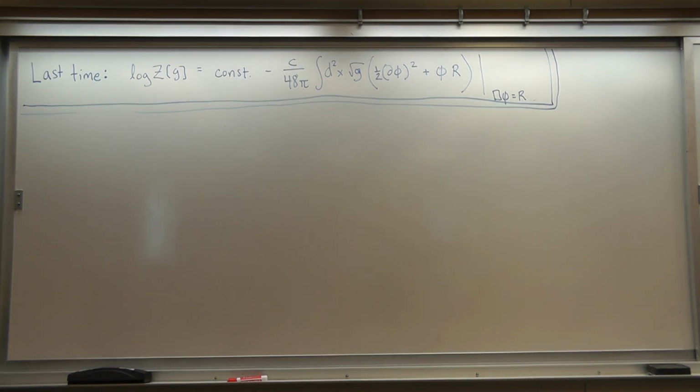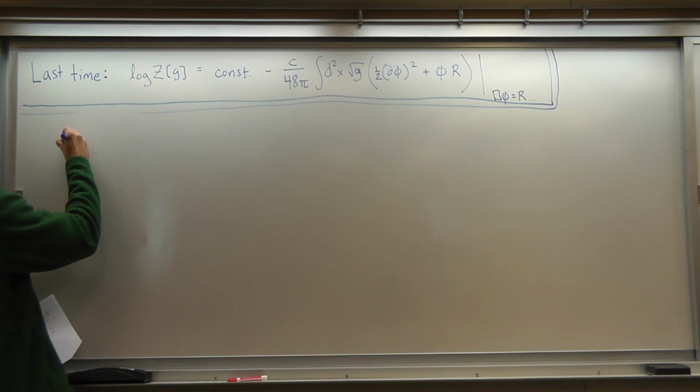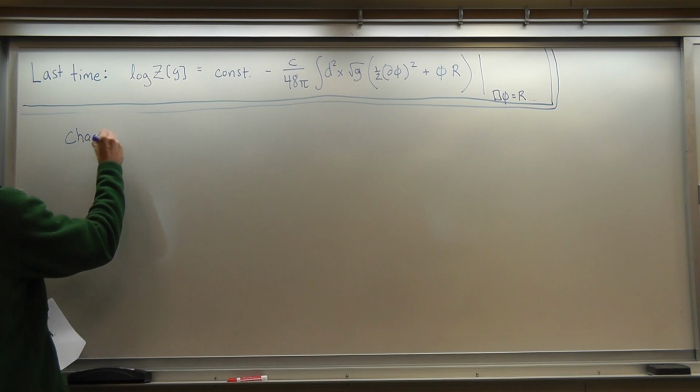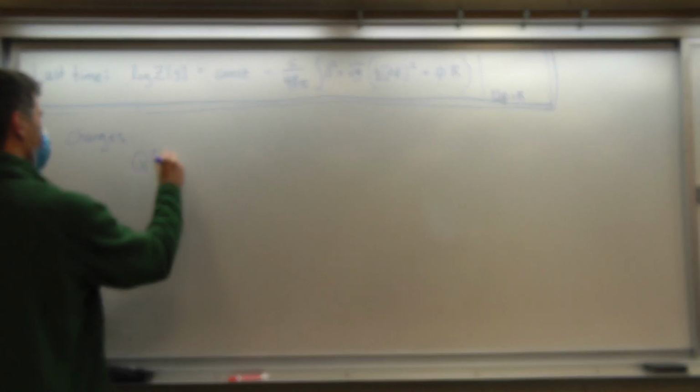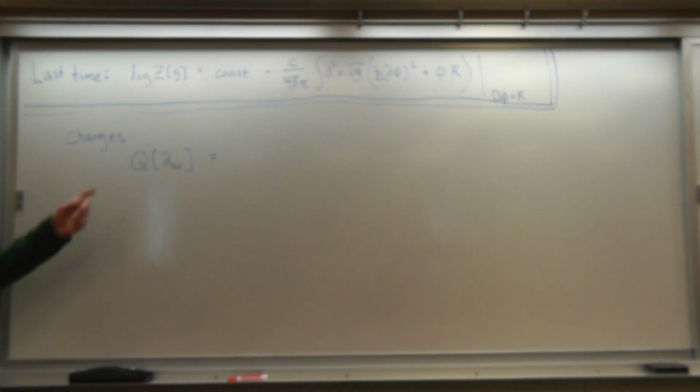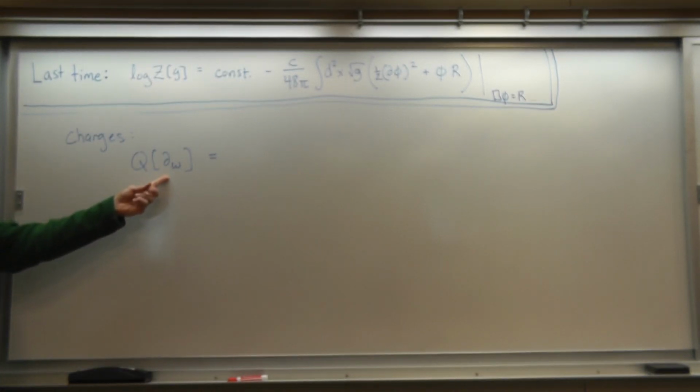I want to now infer from that the change in the charges. So the charges associated to translations in the w direction, dw, is going to be the integral of T_ww on the cylinder.